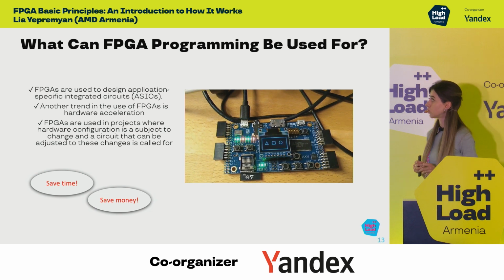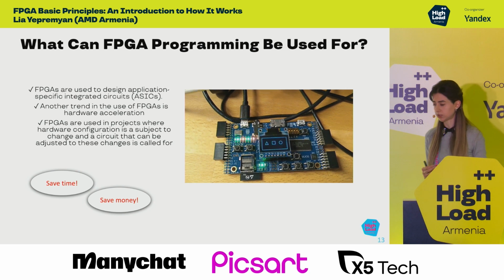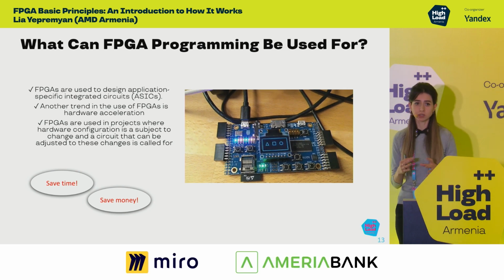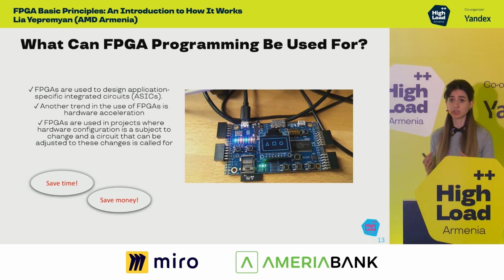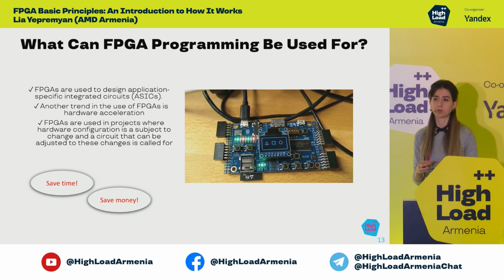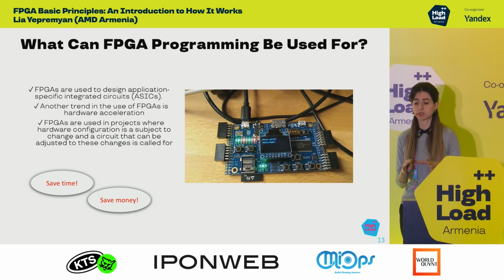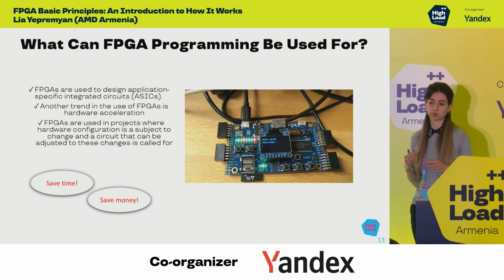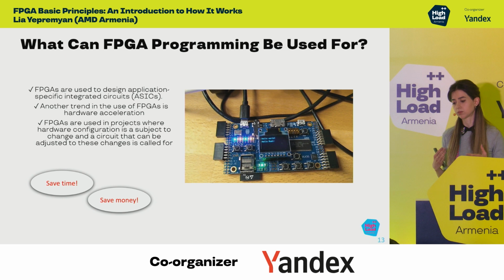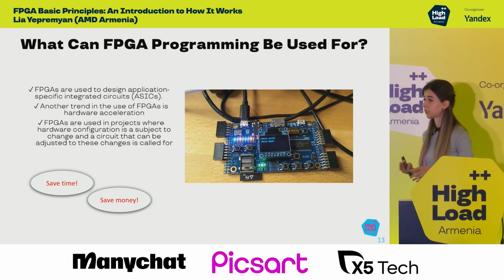FPGAs are used to design application-specific integrated circuits, ASICs. First, you design your code, your circuit, and then you check the prototype using the FPGA. In this case, errors can be corrected. Once our prototype is working as expected, we can manufacture our design, our circuit, based on that FPGA.